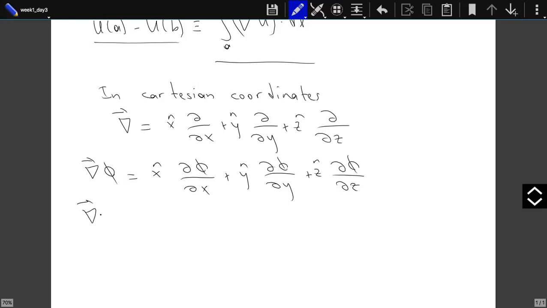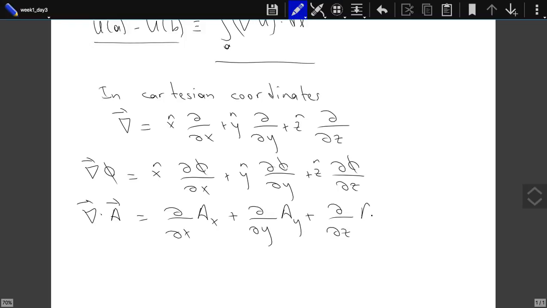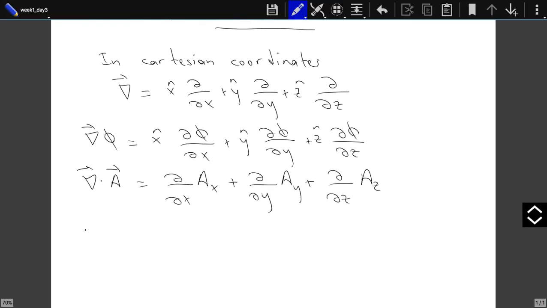For the divergence of a vector field, the scalar product in terms of the components looks like an ordinary scalar product: del over del x times the x component A_x, plus del over del y, A_y, plus del over del z, A_z.